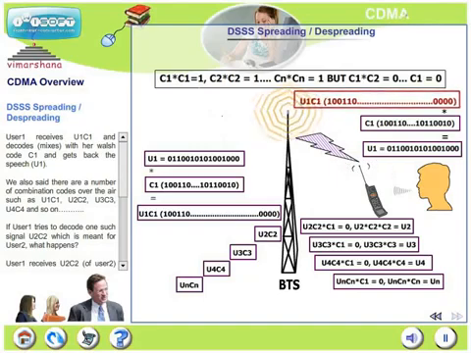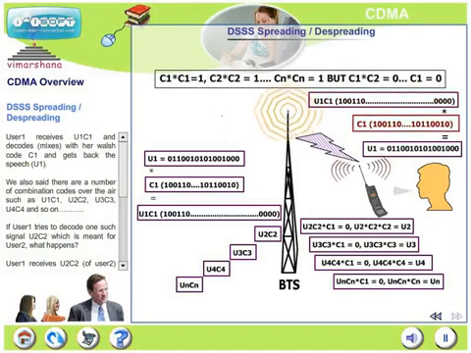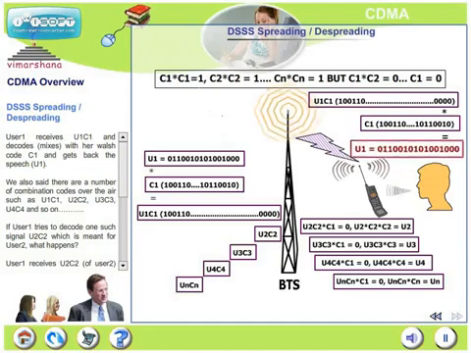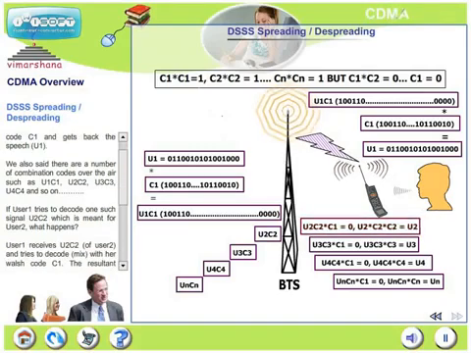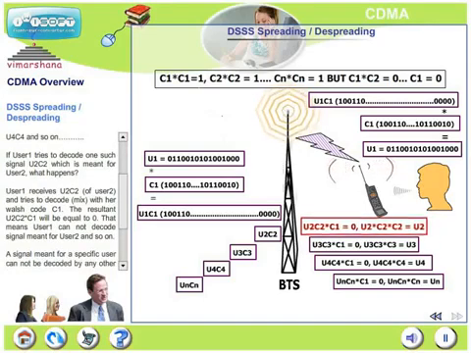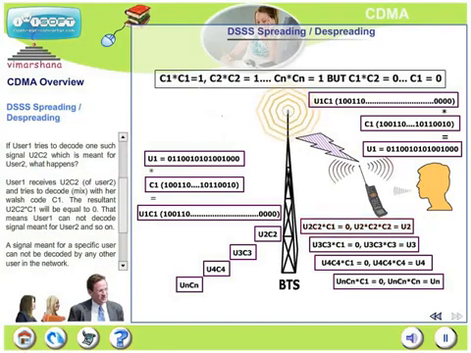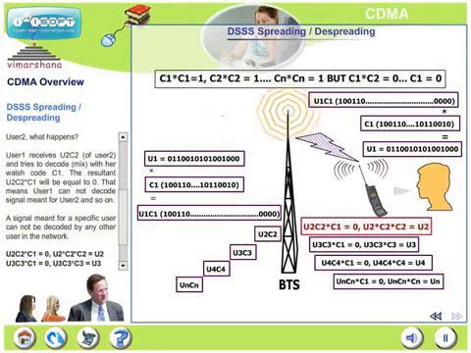User 1 receives U1 C1 and decodes with her Walsh code C1 and obviously gets back the speech U1. But we also said there are a number of combination codes over there such as U1 C1, U2 C2, U3 C3 and so on. What happens if user 1 tries to decode one such signal U2 C2 which is meant for some other user, let's say user 2? User 1 receives U2 C2 meant for user 2 and tries to decode with her Walsh code C1. The resultant U2 C2 multiplied with C1 will be equal to 0.